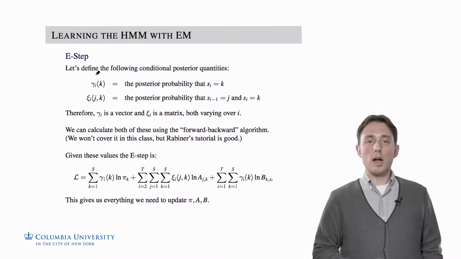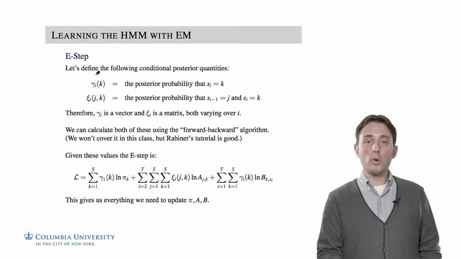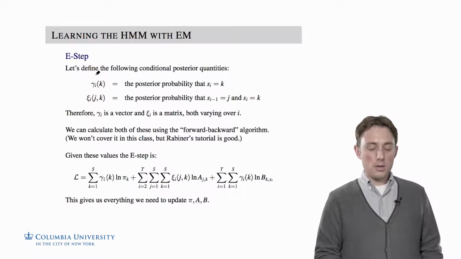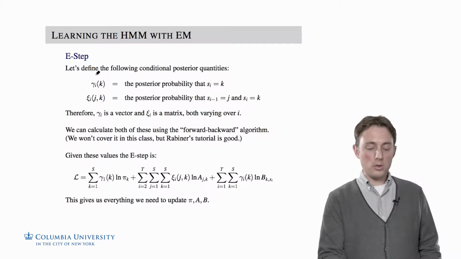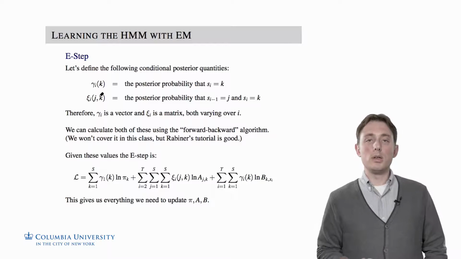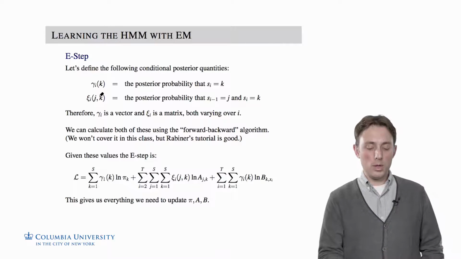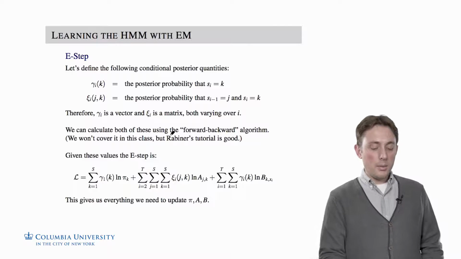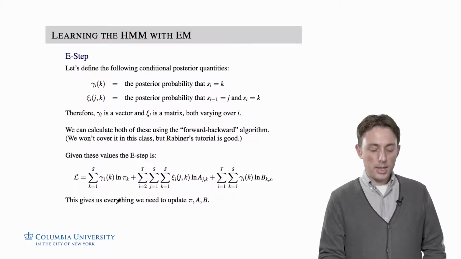Both of these things are outputs of what is called the forward-backward algorithm. Again, we won't cover it, but the tutorial is good for covering that. So we calculate these two probabilities using the forward-backward algorithm, then we take the expectations and we get this.